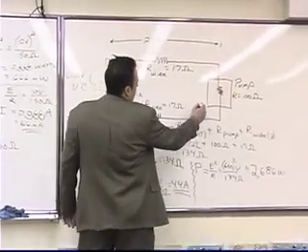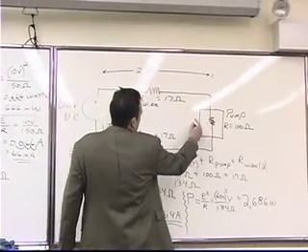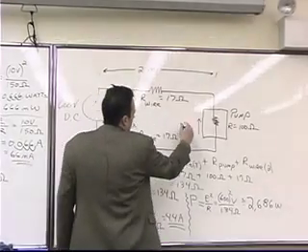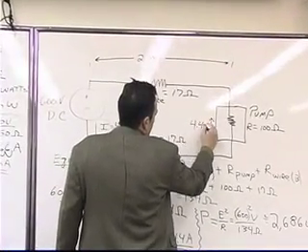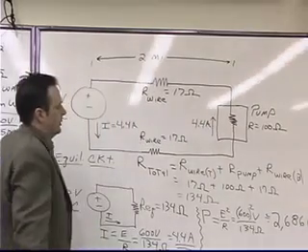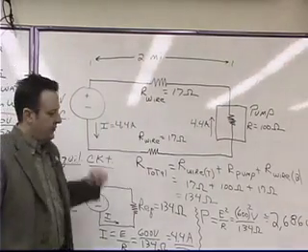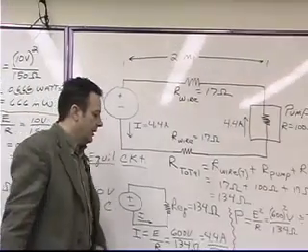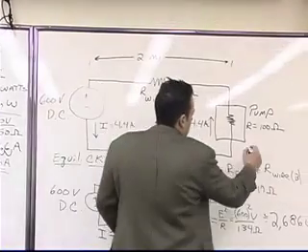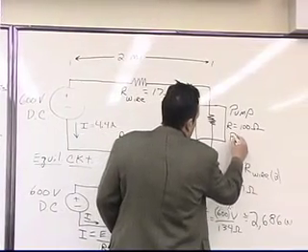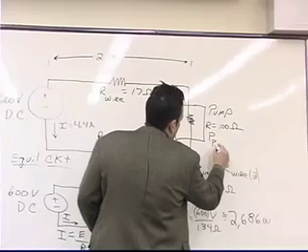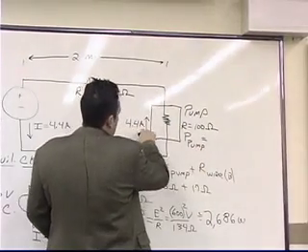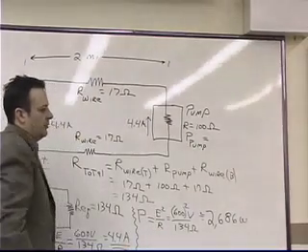how much current is flowing through the pump? 4.4 amps. And the resistance of the pump is 100 ohms. So now we're going to use that other formula. If we want to know the power that's absorbed just by the pump, and we want to know it in terms of current and resistance, what formula do we use?